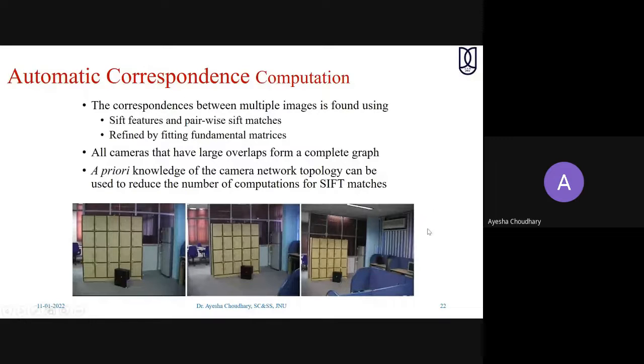Suppose I had a fourth camera that was looking separately, not looking at any of these views, then I don't need to find whether a point over here corresponds to a point in that camera. So if I know the camera topology, or some idea of it, I know where I have to look for corresponding points.